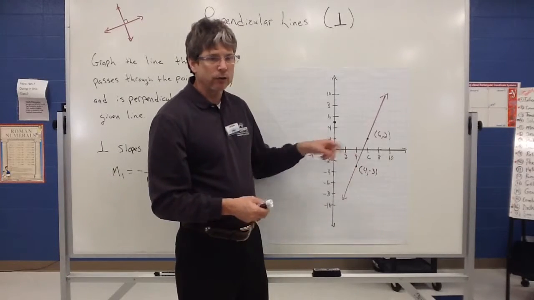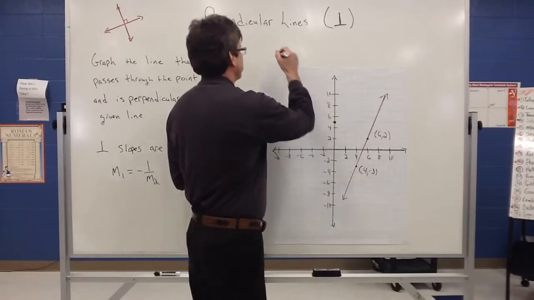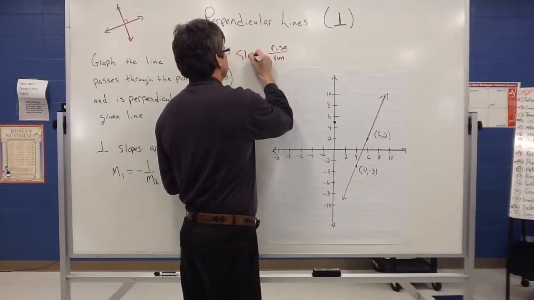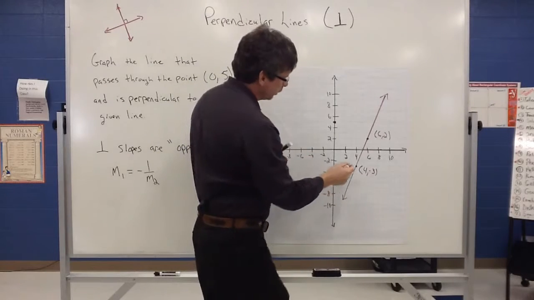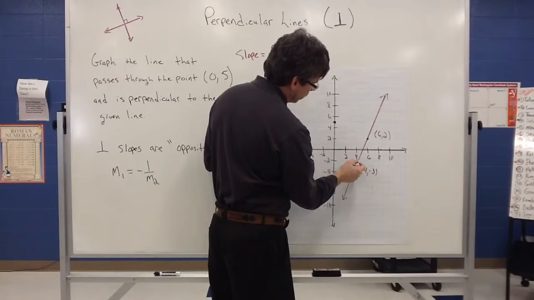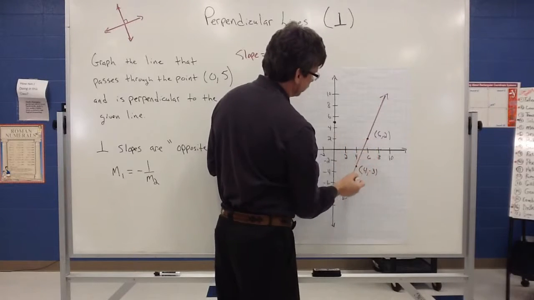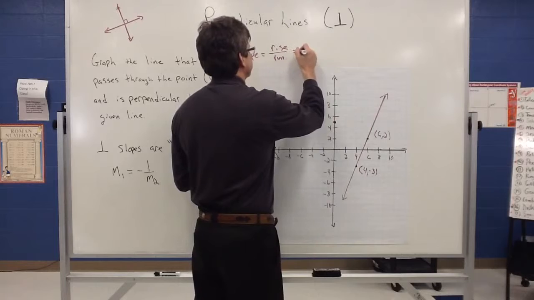Remember, slope is rise over run. So I could start at this point and rise up 1, 2, 3, 4, 5 and run over 2. So it looks like my slope is 5 over 2.